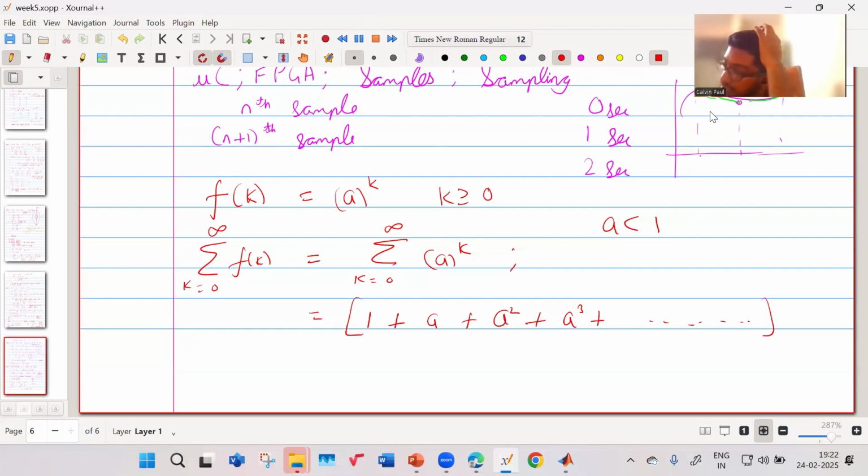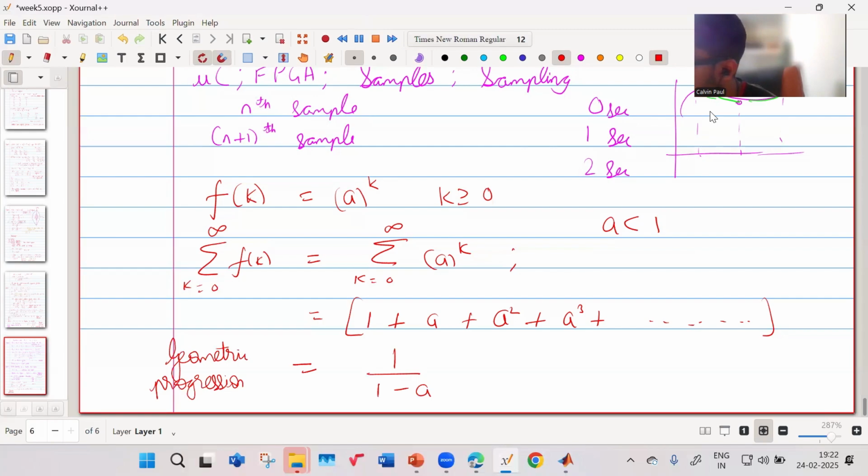This is actually a geometric progression, and its sum can be written as 1 upon 1 minus a, provided that a is less than 1. Right? So then can we say whether the system is stable or unstable? What can we comment about the stability?